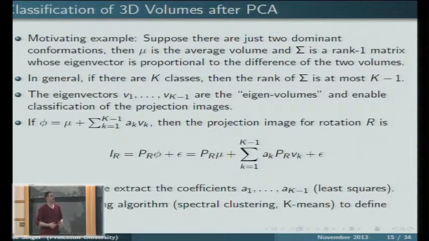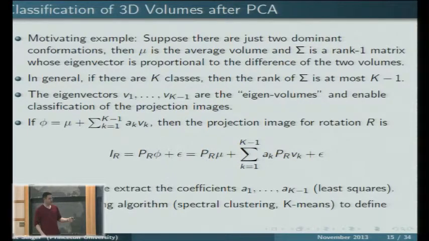And how can I then do classification? Well, we take the electric potential of a given molecule. We know that we can write it as a linear combination of the eigenvectors plus the mean. So if we look at the projection image, all we need to do is just project the volume. So it's a linear operation, and then add noise to it.